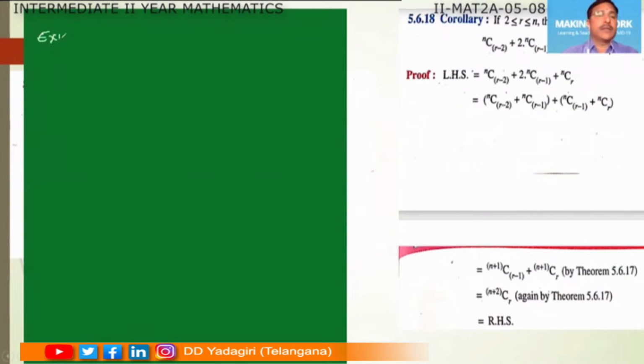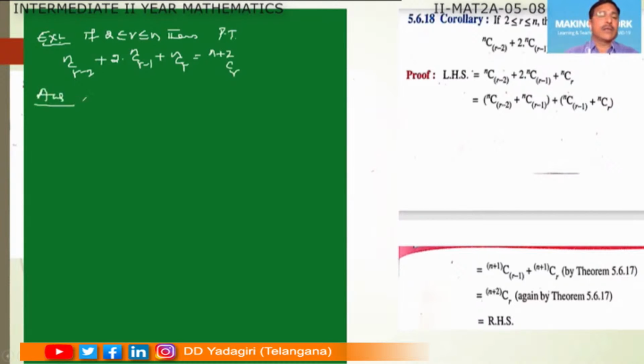If 2 is less than or equal to r, which is less than or equal to n, then nCr minus 2 plus 2 into nCr minus 1 plus nCr is equal to n plus 2 C r. This we have to prove.